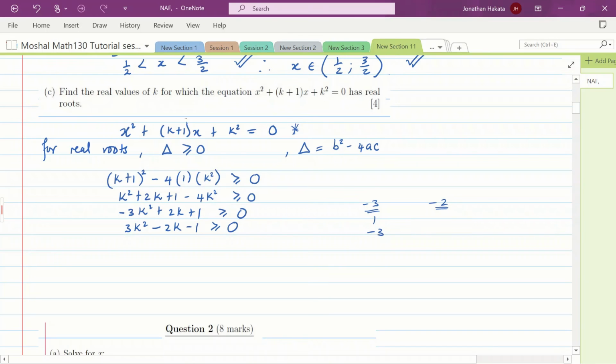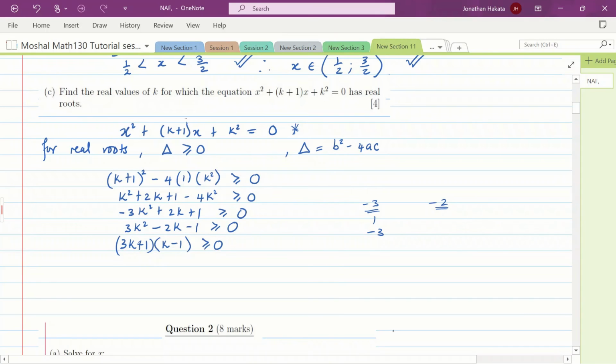If you do the factorization, you end up with 3k plus 1 and k minus 1 greater or equal to 0.